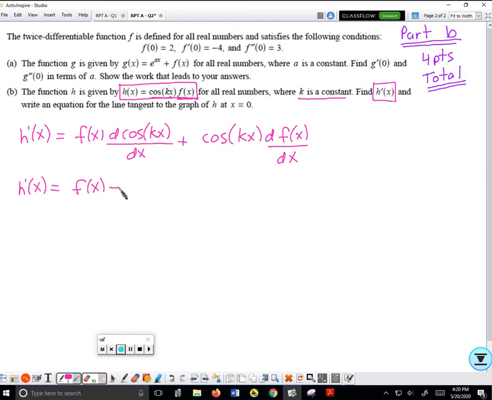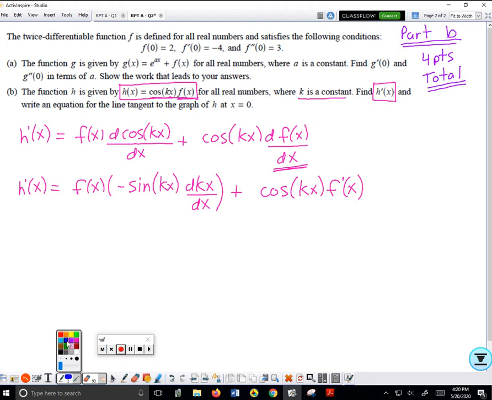Don't put a negative there, it looks like you're subtracting. You need parentheses. So, negative sine of kx multiplied by the derivative of kx. Plus cosine of kx, and then the derivative of f is just f prime, like that. So one more line will have it.